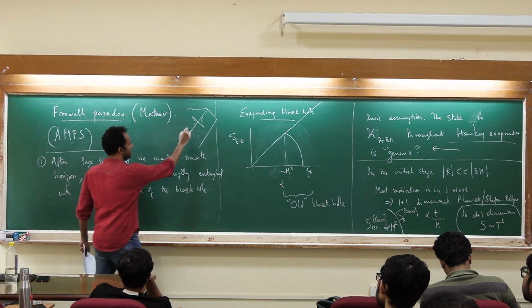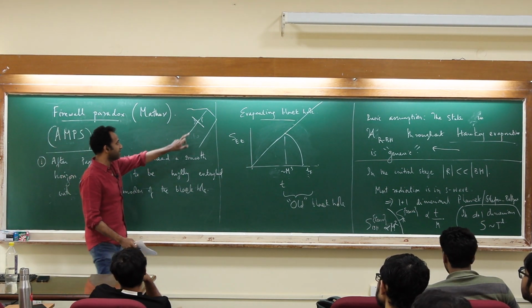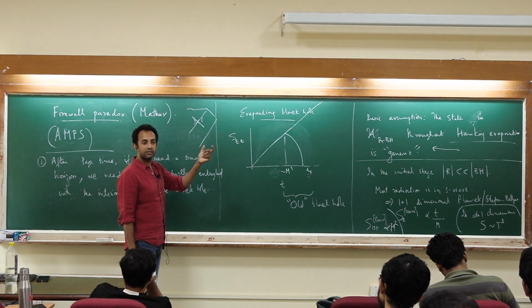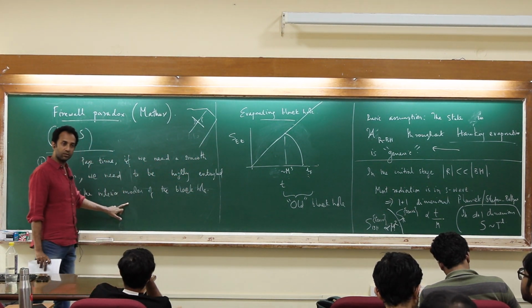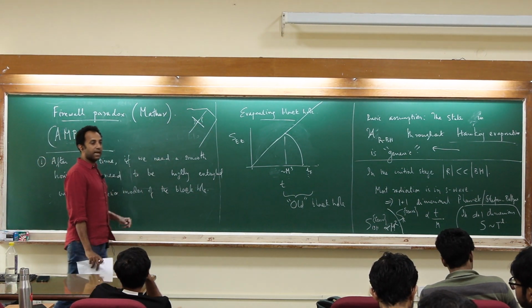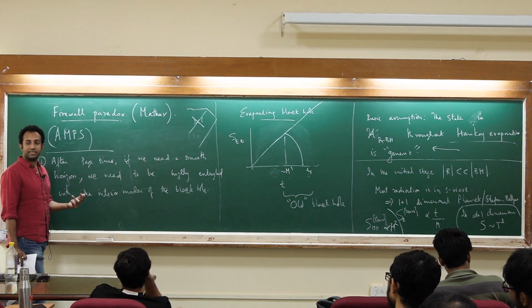The state you're considering here should essentially be Minkowski-like, and it should be entangled with respect to the Hilbert space here and the Hilbert space here, with a very specific structure. You can think of these roughly as interior modes and exterior modes, and they have to have a very specific entanglement structure in order for the horizon to be smooth.